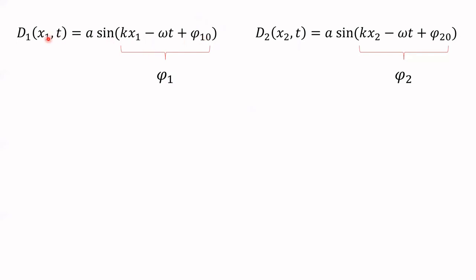So you evaluate the displacement from wave 1 at a particular point in space at a particular time, and then don't forget the phase constant. That overall number is called the phase, and it really just tells you where you are on the sine wave. That's it. Are you at the peak, the valley, somewhere in the middle? That's the phase. Same thing over here. We'll call everything inside the parentheses for displacement 2 the phase of wave 2.